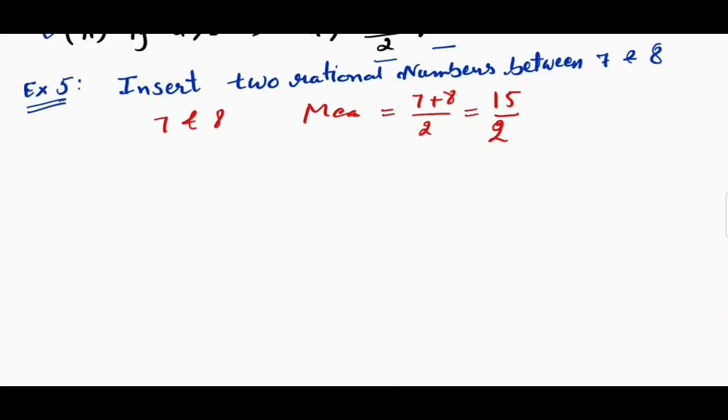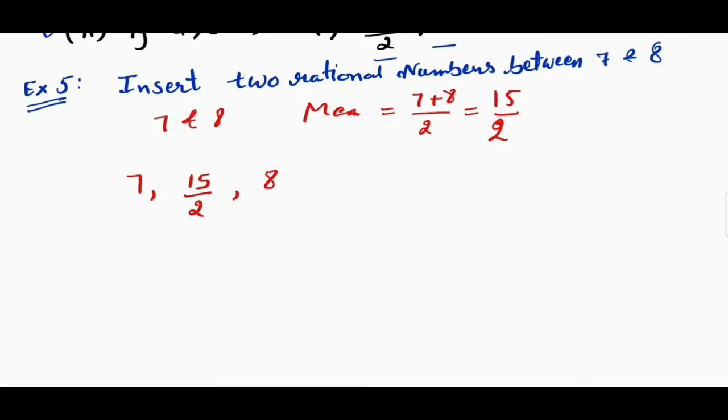So this number 15 divided by 2 will be between 7 and 8. So I can write this as 7, 15 by 2, 8. So here I have inserted one number between 7 and 8, that is 15 divided by 2. Now to find the second number, what will I do? I will find the mean of either 15 divided by 2 and 7 or 15 divided by 2 and 8.